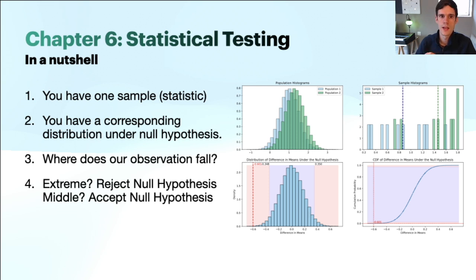Then the third step is that you look at where your sample statistic falls in this distribution under the null hypothesis. If it is an extreme value, then you reject the null hypothesis, and if it is somewhere in the middle, then you accept this null hypothesis. And the boundary will be the p-value indicating your statistical significance.